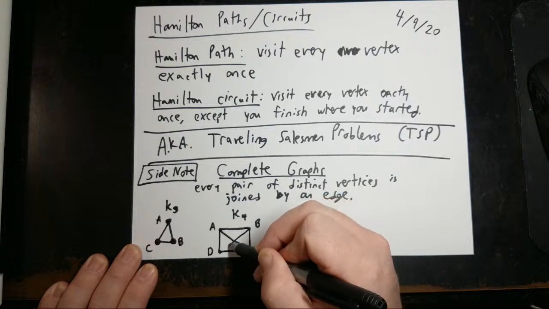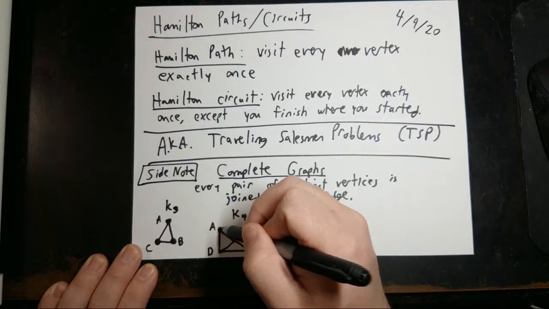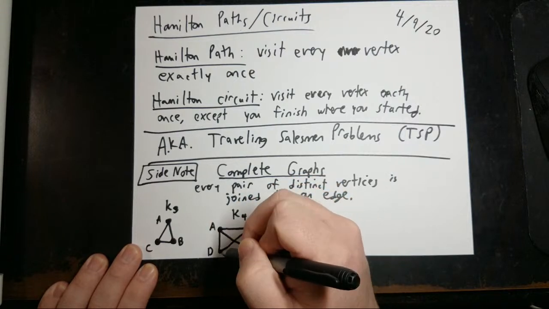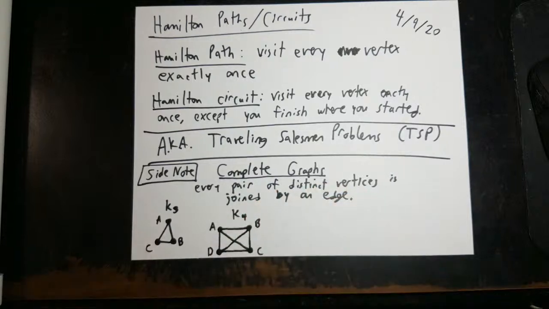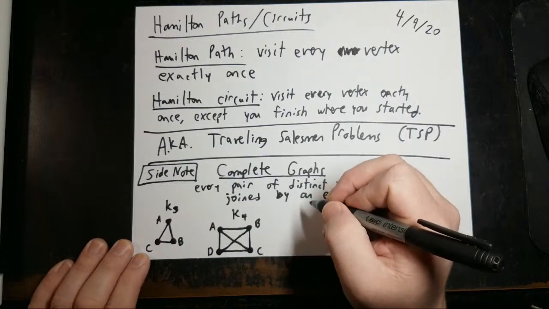So in the K3 graph, it was fairly simple to see. But in the K4, let's just say A has to have a connection for B, C, and D. B has to have a connection for C, D, and A. C has to have a connection for D, A, and B. This is just the general idea behind complete graphs.